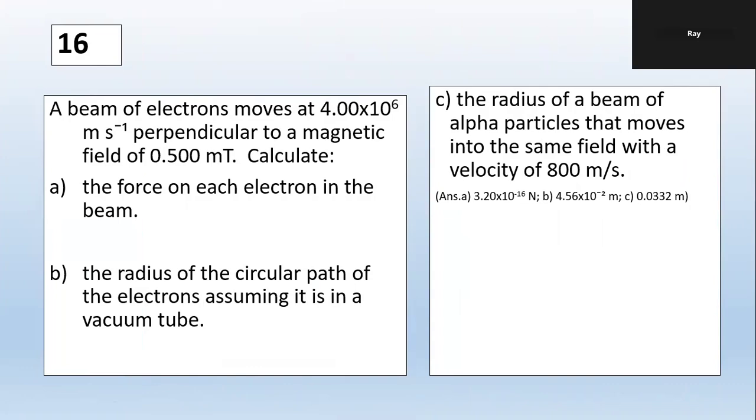A beam of electrons moves at 4 times 10 to the power 6 meters per second perpendicular to a magnetic field of 0.5 millitesla. Calculate the force on the electron in the beam. See whether you can get the answer or not.